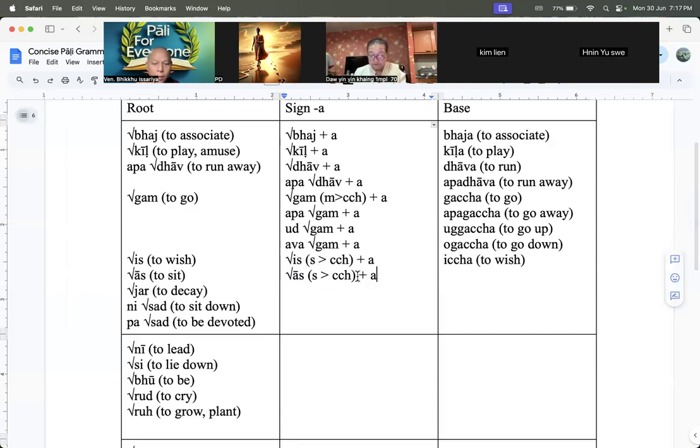But here you see, even though the root vowel is long, because s is replaced with the double consonant ccha, that is why this becomes short. So iccha also means to sit. So in this way it can be found. Okay. So that is why these changes we need to notice.